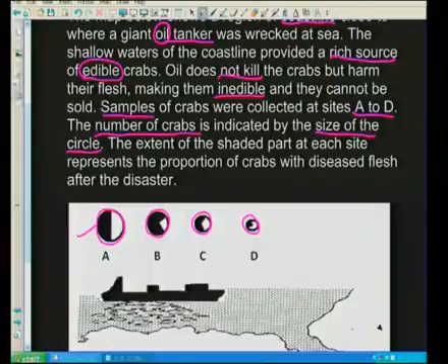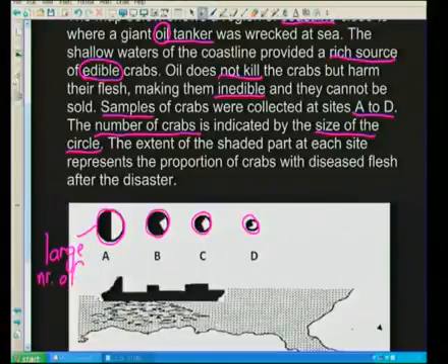So, large circle, there's going to be a large number of crabs. Now, you can see I haven't even looked at the questions. So, I'm putting information down on my drawing so that by the time I get to the questions, I already know some of the answers.